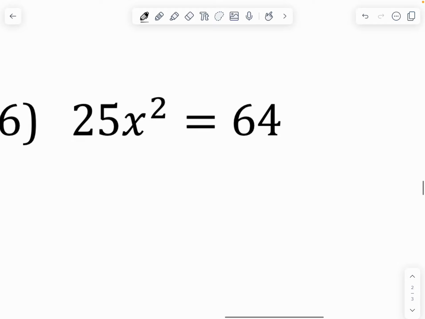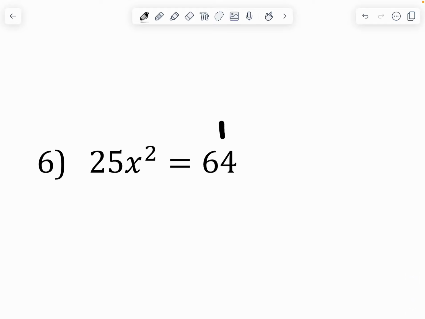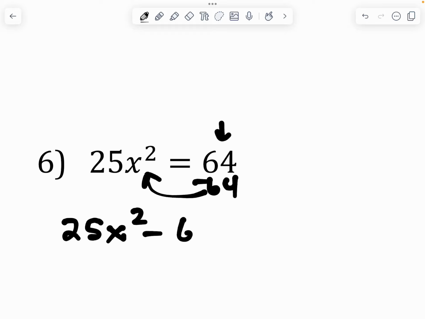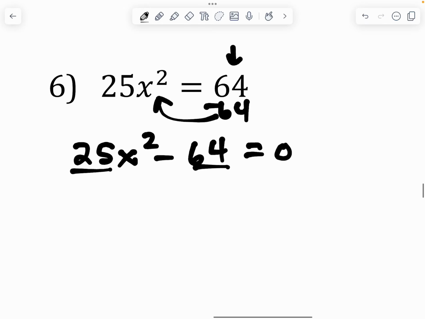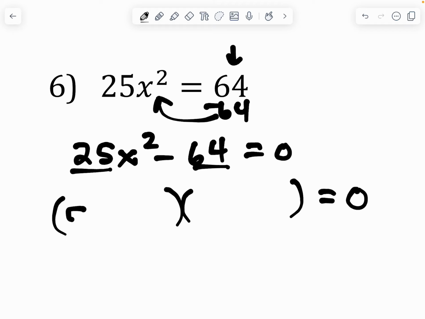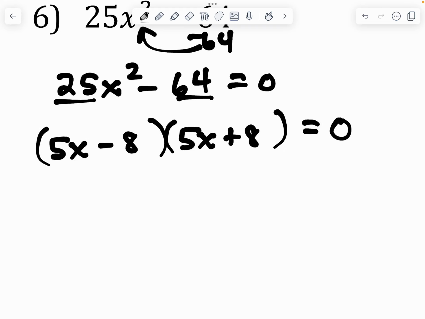Okay, and then the last one, number 6. This has to equal 0, so we're going to subtract 64 from both sides. 25x squared minus 64 is equal to 0. Perfect square, perfect square. So we're going to have the difference of two squares, which gives us two factors. 5x minus 8, 5x plus 8, and then solve.